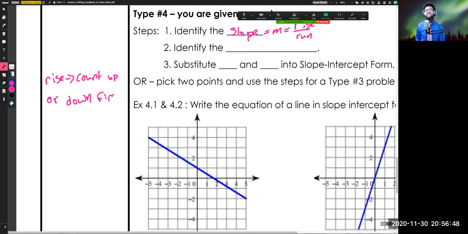So you're going to do that first, and then count to the right. All right. Count up or down first and then count to the right. That's my rise, okay? My run is just going to be counting to the right.